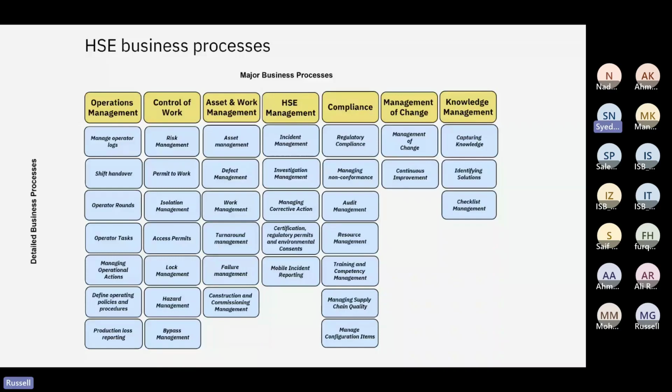This slide gives an example of the typical HSE processes that we support. This is a process view rather than an application view, but it closely maps to the applications that our product supports. You can see a series of major business processes, moving from operations management through control of work, through asset and work management to HSE management, to compliance, through management of change to knowledge management.